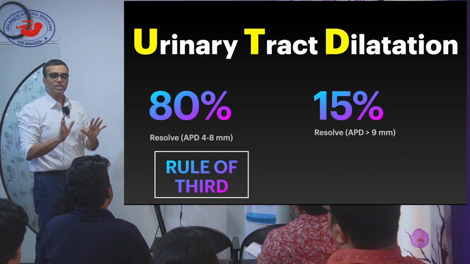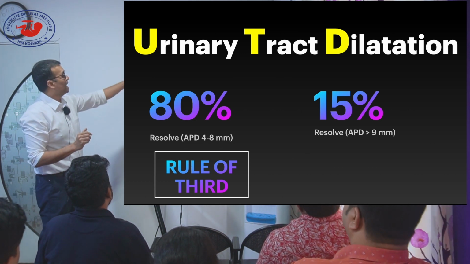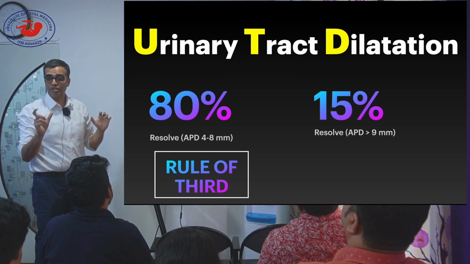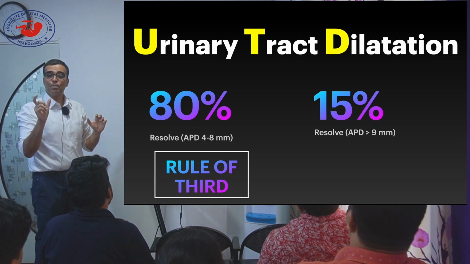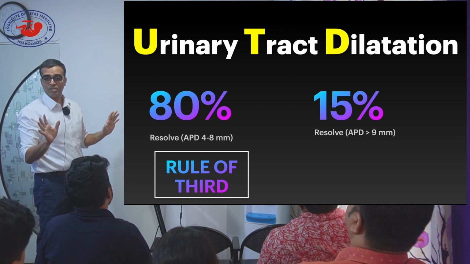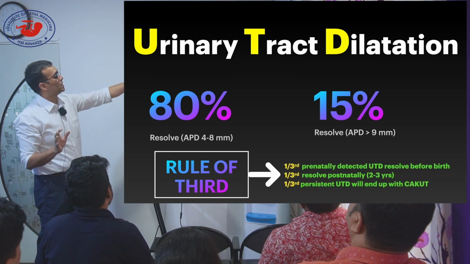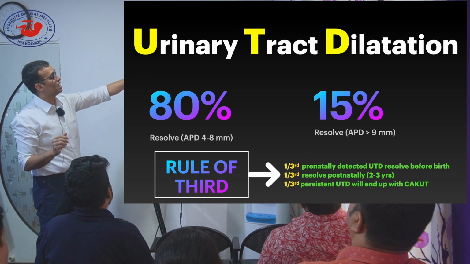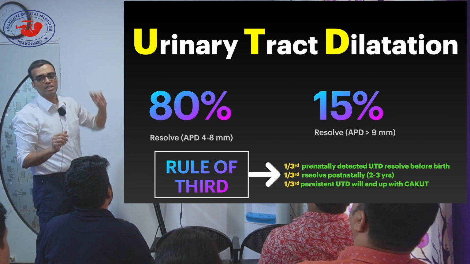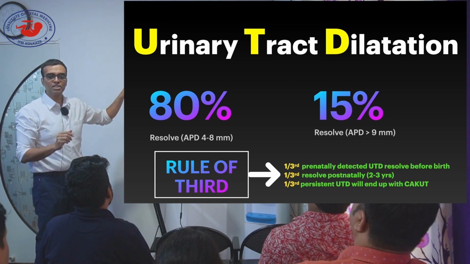So we will talk in a common language of urinary tract dilatation, and if the antero-posterior diameter is 4 to 8 millimeter, this is mild, and in the mild category 80% resolve. Okay, but when you go to the severe end of the spectrum, when the antero-posterior diameter is more than 9 millimeter, only 15% resolve.